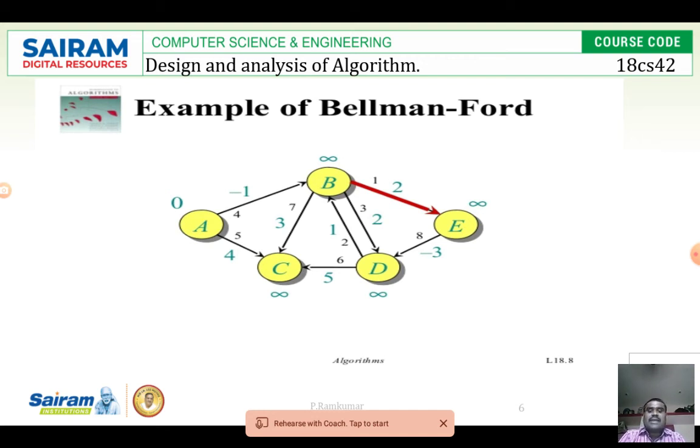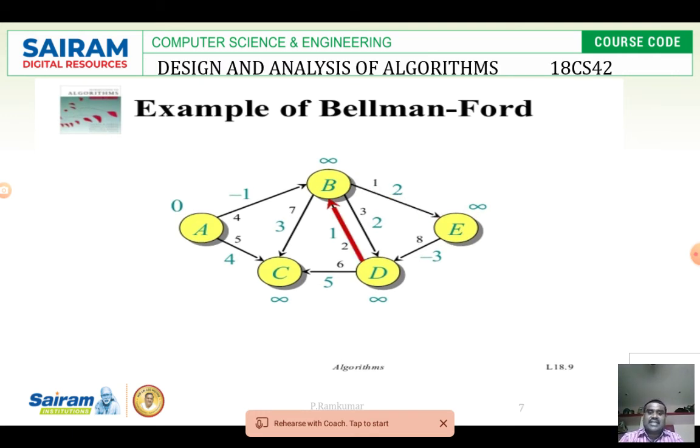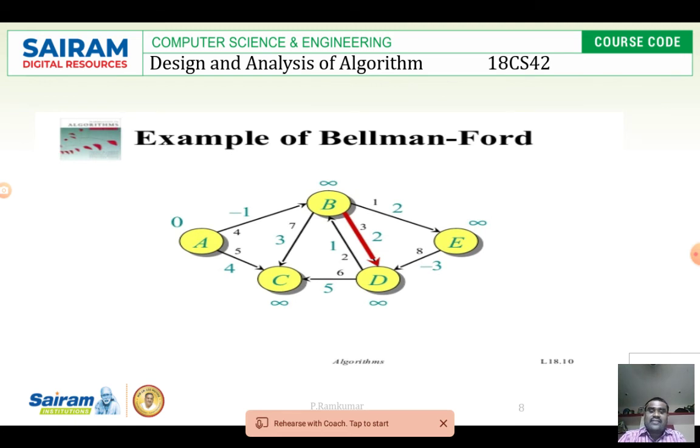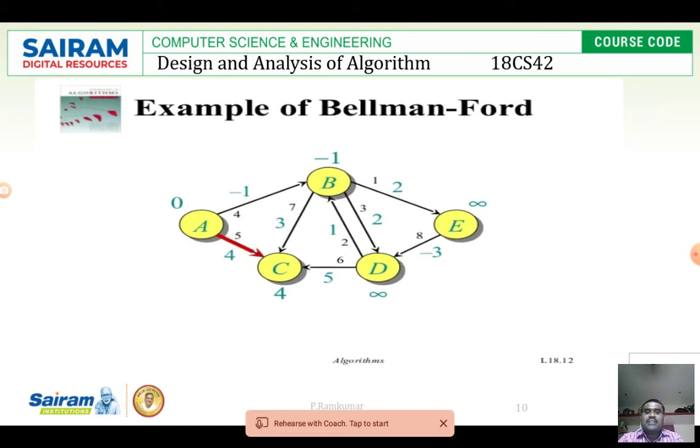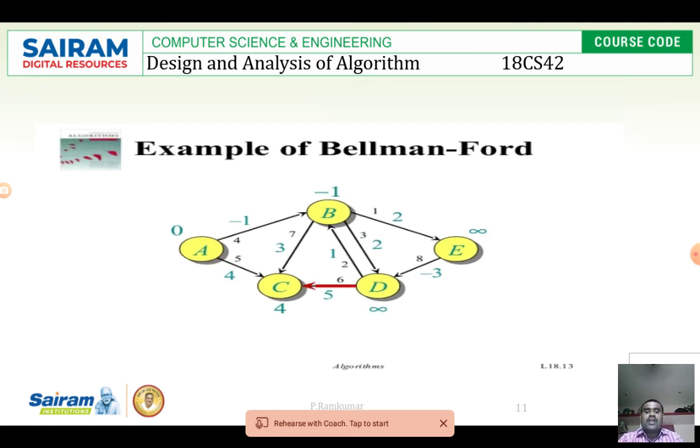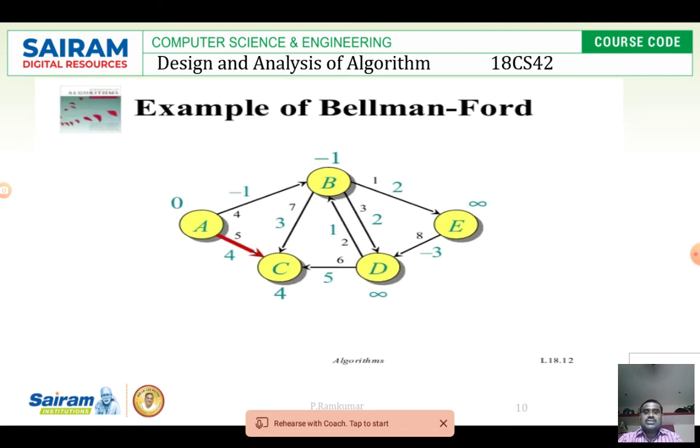Then next, those values will be added together, then checked against that E value. If it is less than that, then the added value will be assigned to the vertex E. Likewise, in each and every turn it has to compute, and accordingly it will be changed.